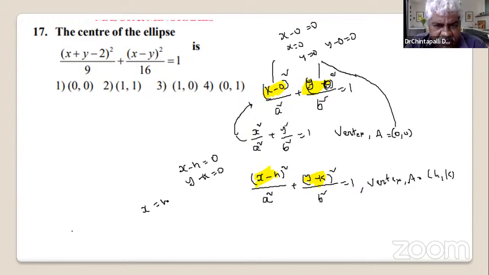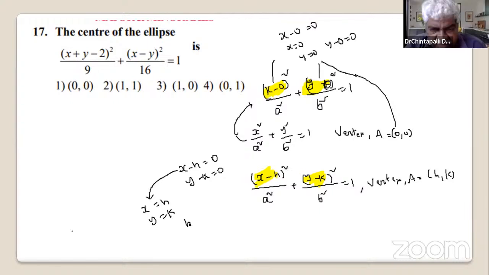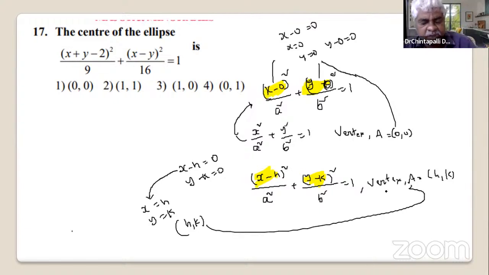That means x is equal to h, and y minus k is equal to 0 means y is equal to k, right? When we write them as a point, that is h comma k, it's nothing but the vertex.